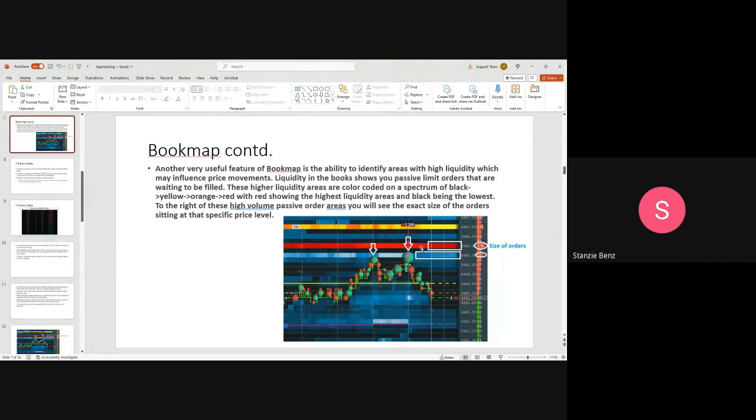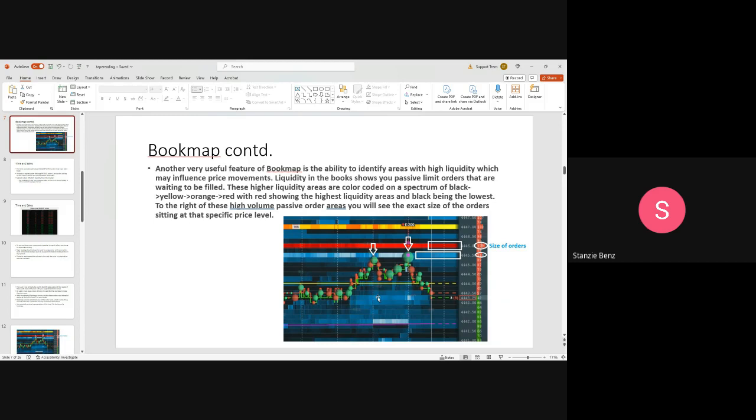So they can place a fat order right here at 4446, and other traders might think, oh no, the price is about to bounce down. They start selling their shares and he's just buying them up, because he wants the price to go up. Then he'll take that order off the book, and the price will normally just shoot up after that. So you need to watch out for that.